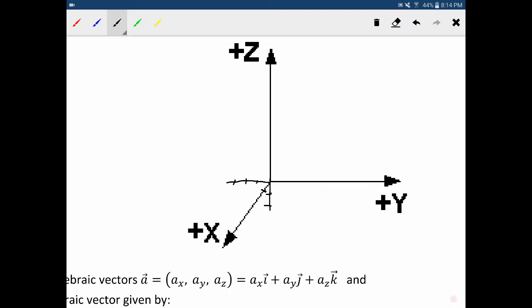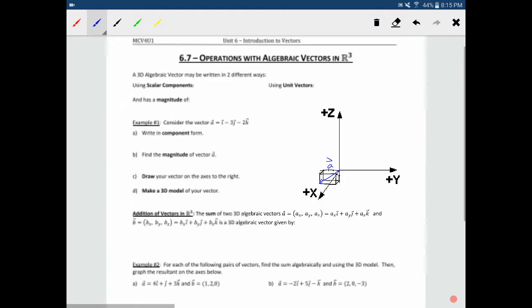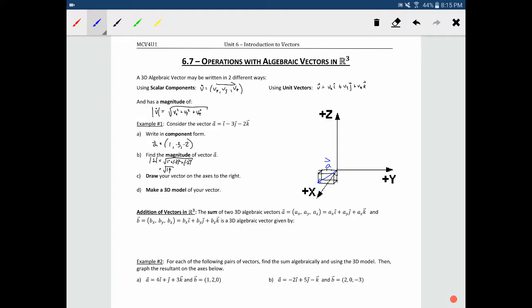It's a little challenging to draw, so we draw a box there and a box there, extend it over here, and then we can say this point to this point is our vector. So that is a. You're more than welcome to make a 3D model of your vector at home.